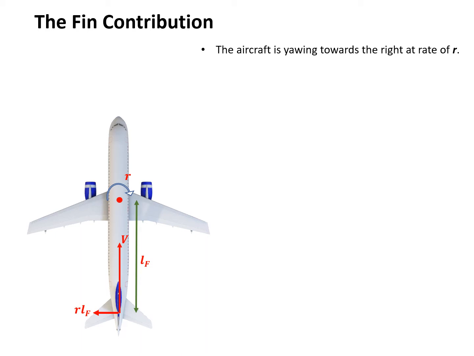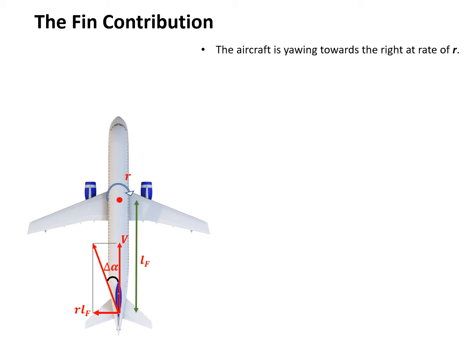This velocity vector is pointing towards the left, and lf is the distance between the aerodynamic center of the fin and the center of gravity.